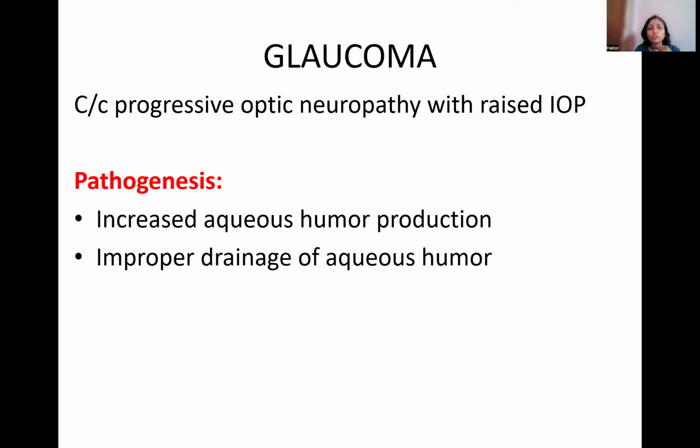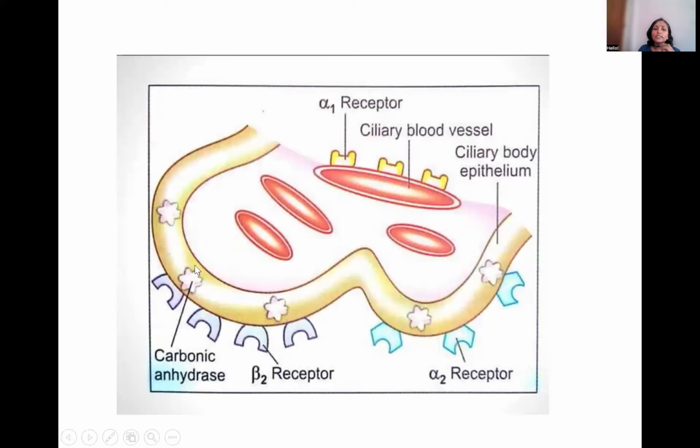Then, any other way to reduce aqueous secretion? You can reduce the aqueous secretion by giving another class of drug known as carbonic anhydrase inhibitors. You know that there is an enzyme here, carbonic anhydrase. This enzyme helps in the formation of H2CO3 by the combination of H2O plus CO2, a reversible reaction catalyzed by carbonic anhydrase.